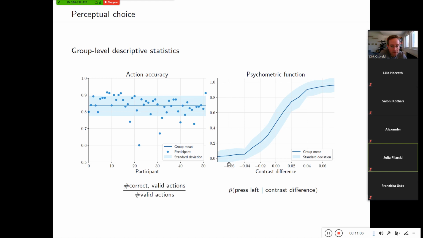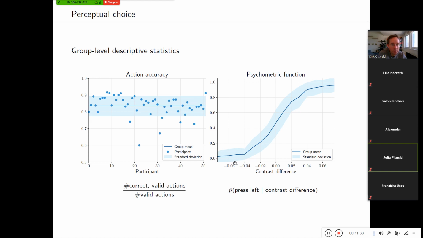And you see that it doesn't really go up to a probability of 1 and not quite to 0. So there is a little bit of an error probability even at these very high contrast differences. But then, for example, if you go to contrast differences that are fairly subtle, you see that people are, on average of all participants, roughly at 50% correct.